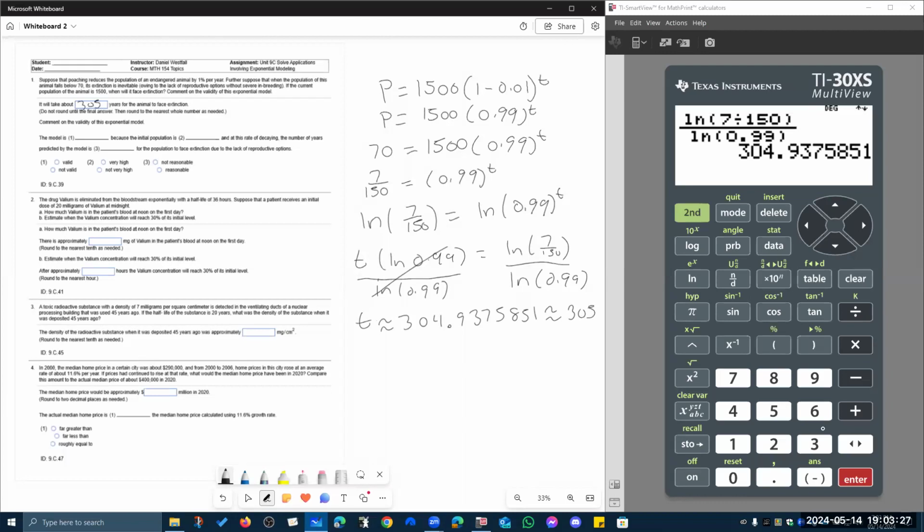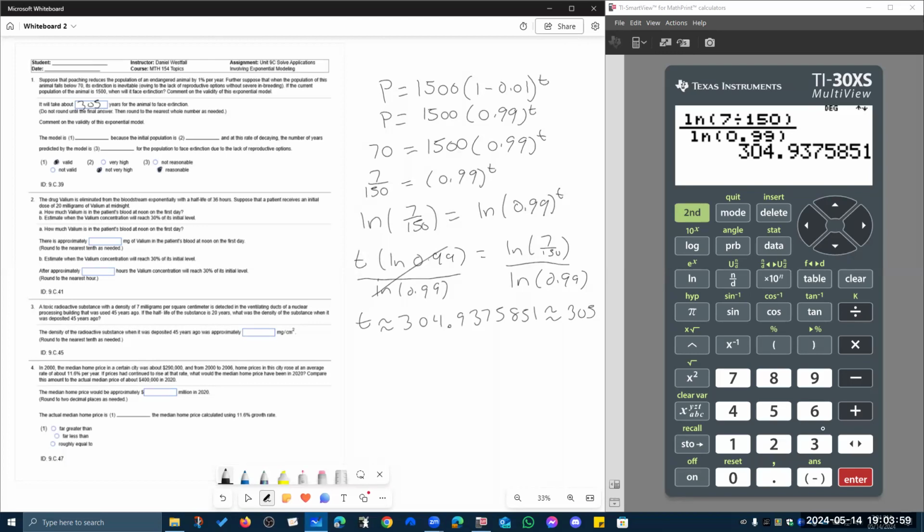305. We'll round to the nearest whole number as needed. We're going to say that the model is valid because the initial population is not very high, and at this rate of decay, the number of years predicted by the model is reasonable.